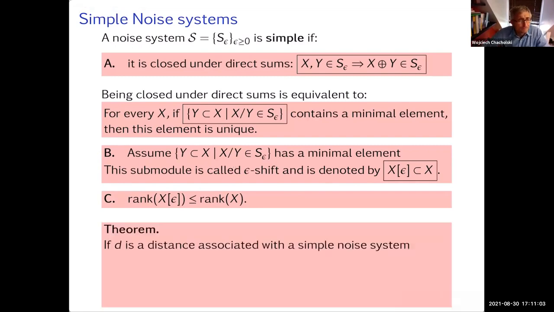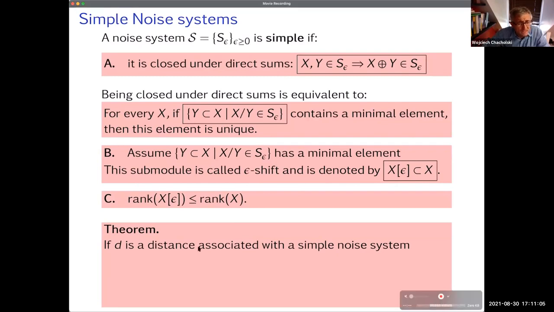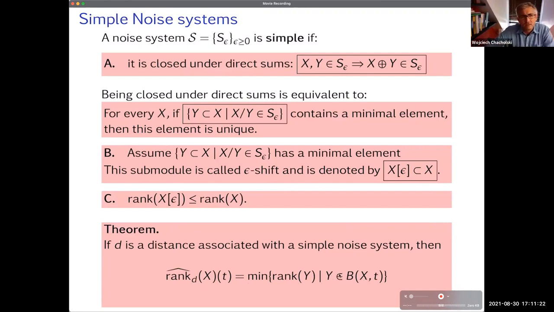So the theorem is that if D is a distance associated with a simple noise system, you remember I defined this stable rank kernel, which minimizes the rank over various disks around X. Now, remember, such disks may be infinite. Minimizing over an infinite subset can be a very hard problem. It may not be an algorithmic problem.